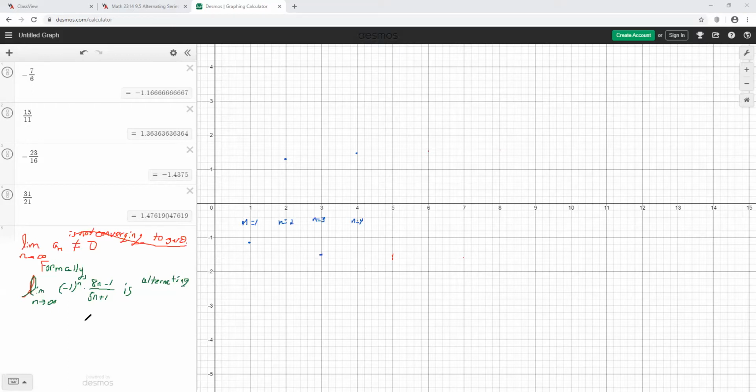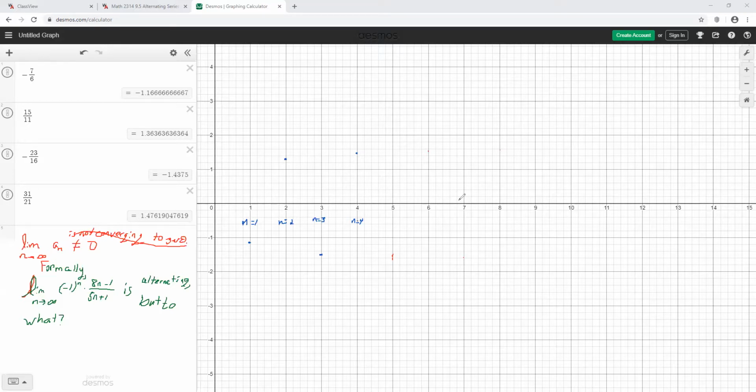Okay? But it could be going like this, where these terms are alternating but getting closer and closer to 0.